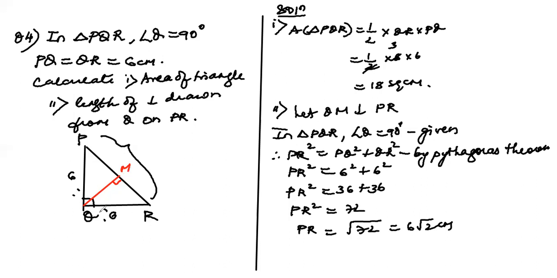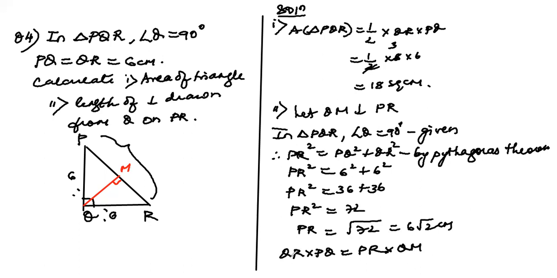So whenever in a triangle you see the same triangle with two pairs of base and heights, then the formula is: QR into PQ equal PR into QM. Your teachers will give you this.